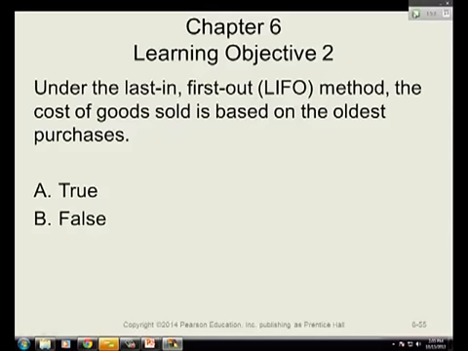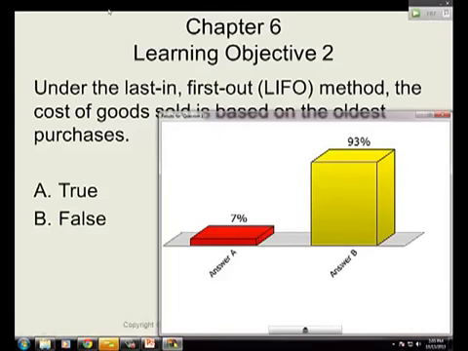Never know. I'm going down to about 10 seconds, but I'll let you know when there's 10 seconds. So there's 10 seconds. Ready there? All right.